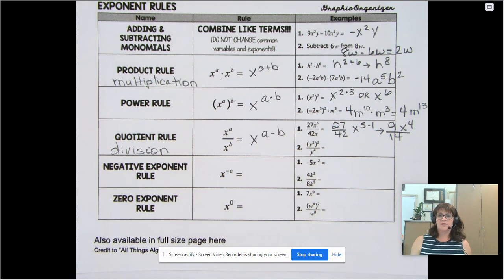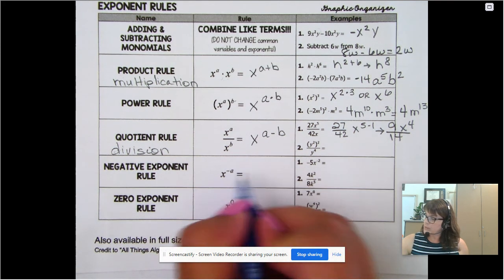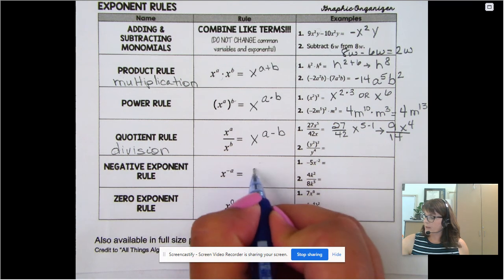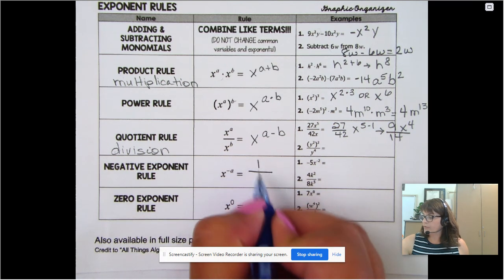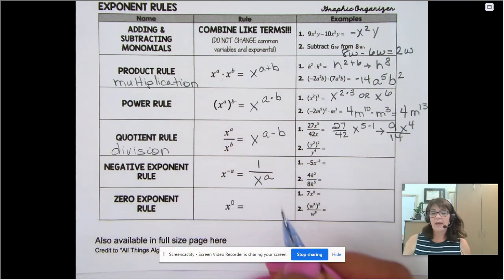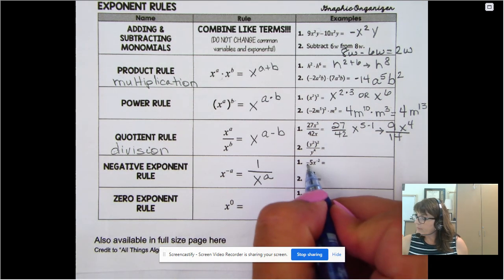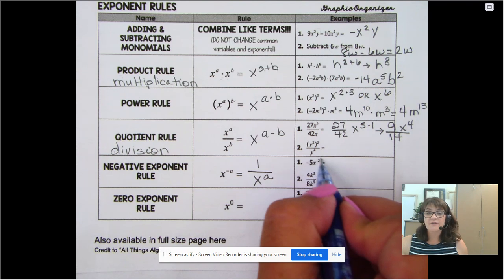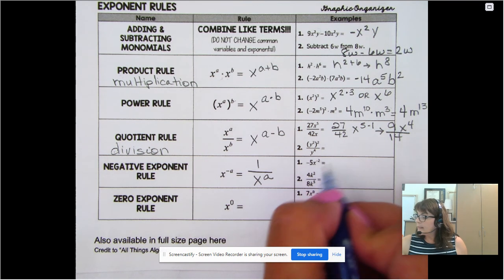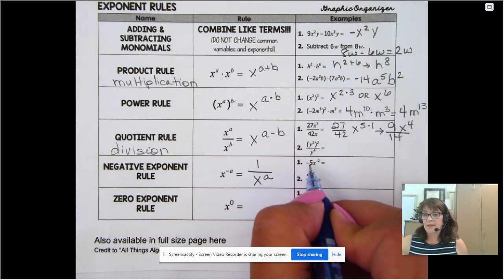What if we have a negative exponent? What do we do with those? Well, remember, it creates a fraction. So x to the negative a power means 1 over x to the a. Okay. Negative 5, x to the negative 2 power. Negative 5 is not being touched by that exponent.